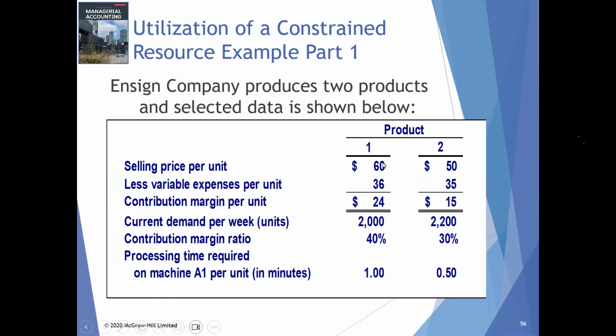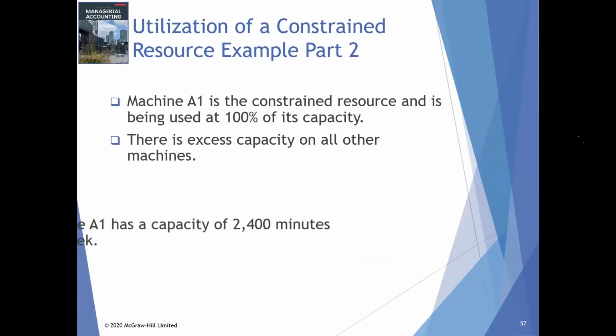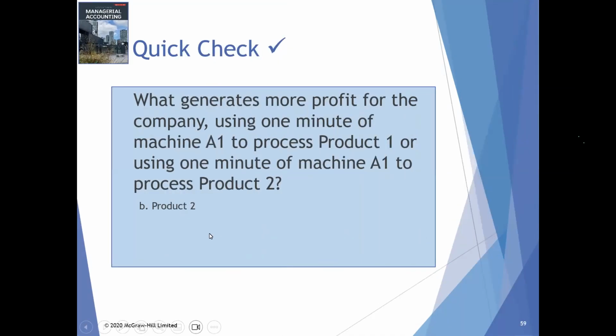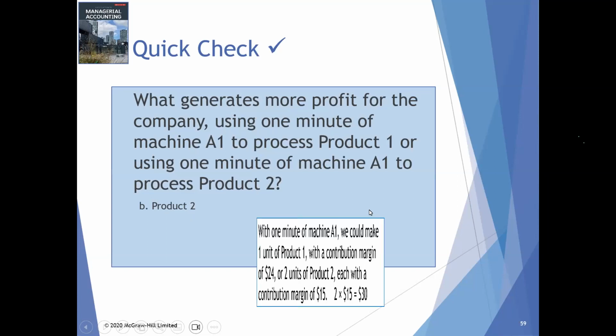The contribution margin here is 24 and 15, which we have calculated. As per the question, which way to go, what is the preferred unit? The preferred one is product 2.